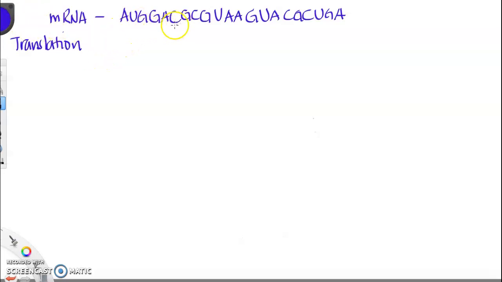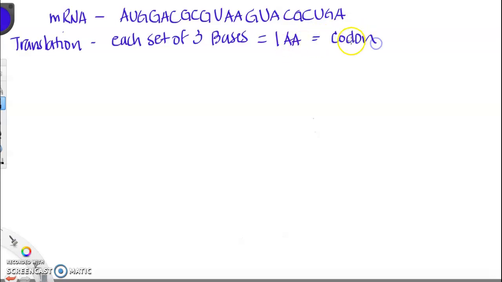So the mRNA, each set of 3 bases equals 1 amino acid, and that equals a codon.